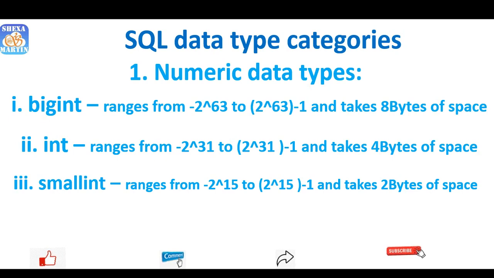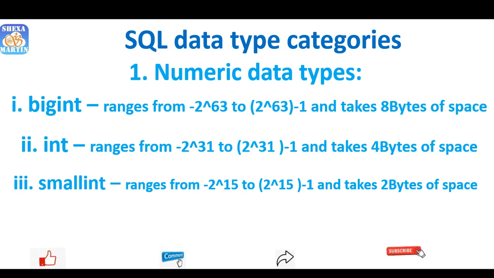So the small integer ranges from -2 to the power 15 up to 2 to the power 15 minus 1, and it takes up to 2 bytes of space. So numeric data types, these are the exact number data types that use integer data.